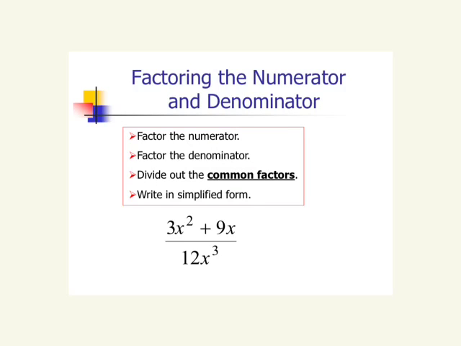Now, there are times where we're going to have to factor before we can look to divide out common factors. So we look to see if the numerator can be factored, and then we factor the denominator. Then we identify and divide out our common factors, and then rewrite in simplified form. So here is an example we're going to take a look at.